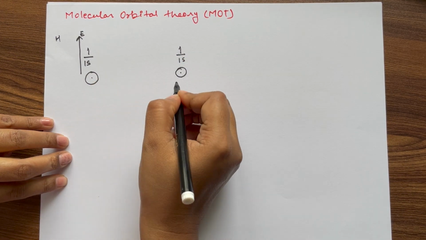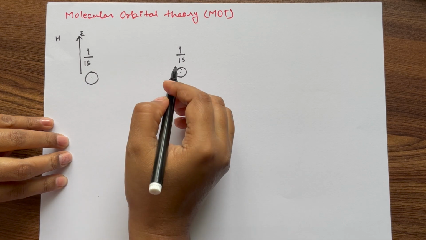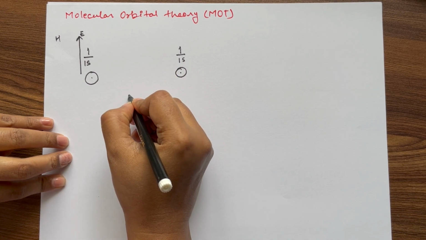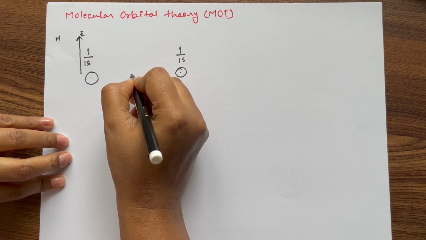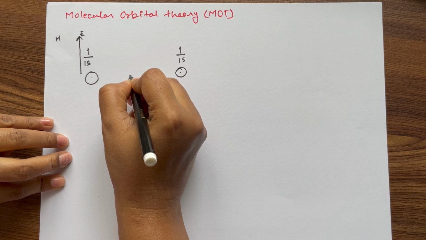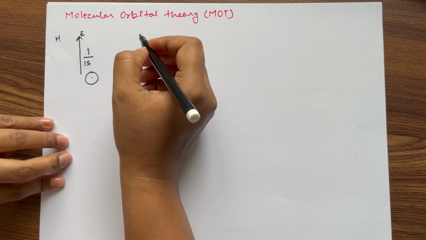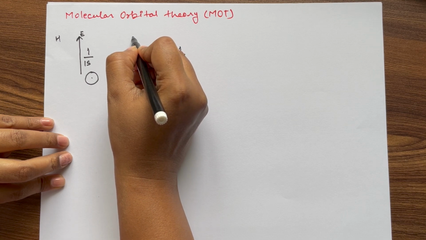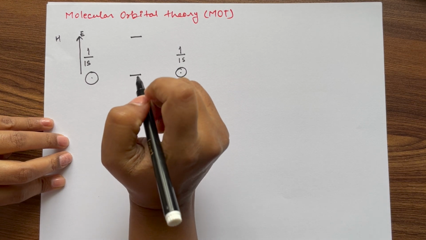When these two hydrogen atoms come close to each other, these two s orbitals combine with each other, and there will be two different orbitals created. One is due to the positive interference of these orbitals, and another one is due to negative interference of these orbitals.